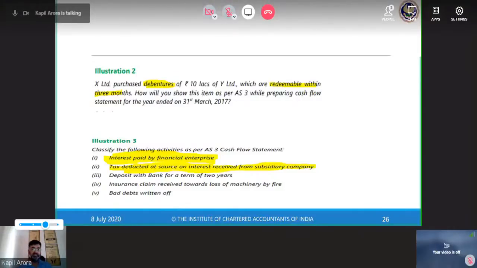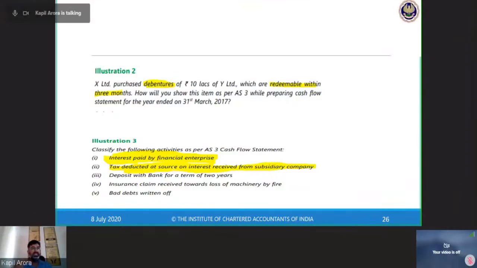Now, what is my subsidiary? My subsidiary is my investment, and the investment in a subsidiary falls under investing activities. So interest from the subsidiary will also fall under investing activities. When interest falls under investing activities, TDS on that will also fall under investing activities.